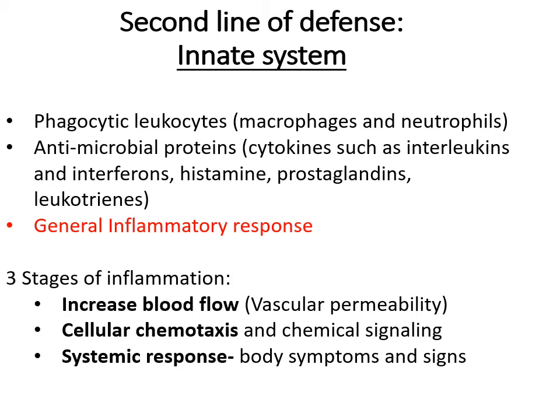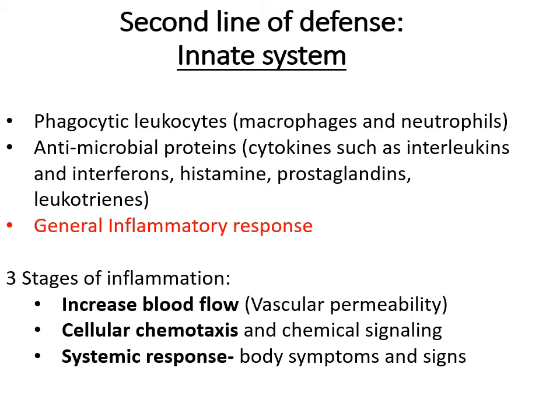Histamine is another chemical that's secreted by cells, and histamine causes vasodilation. So it dilates the blood vessels, the little capillaries at the injury site, and it allows fluid and cells to come into the area to help out.